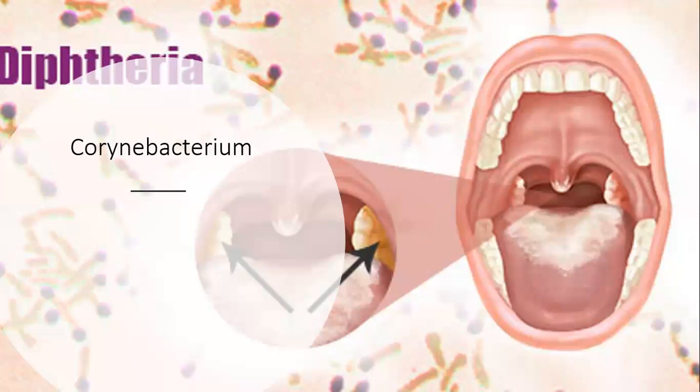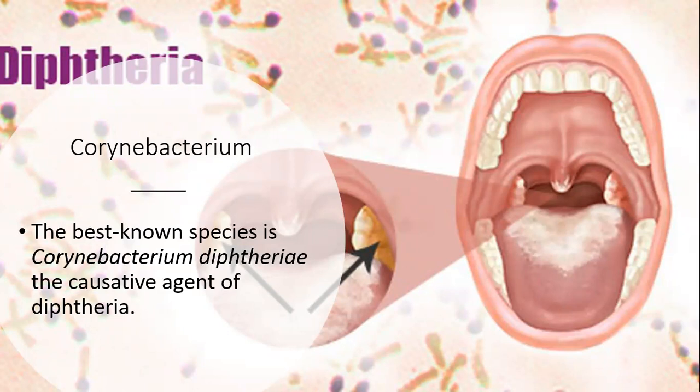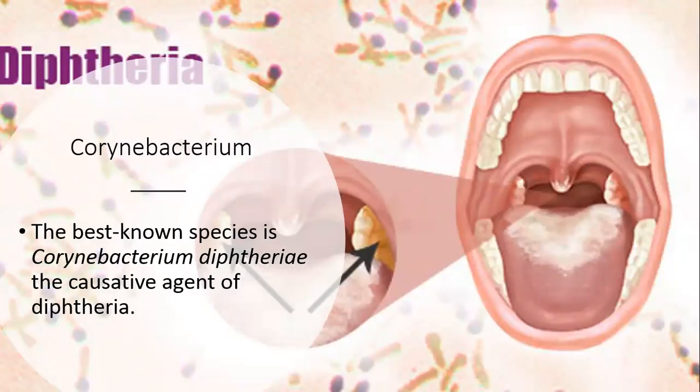Then we have Corynebacterium, an important genus of the phylum Actinobacteria. One of its species is well known, Corynebacterium diphtheriae, and it is the causative agent of diphtheria, right? It normally targets children, and it becomes severe if not treated properly.